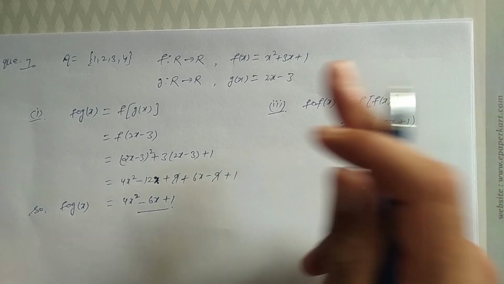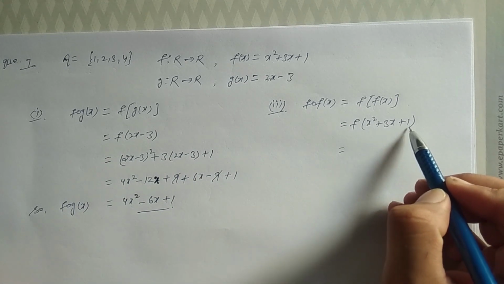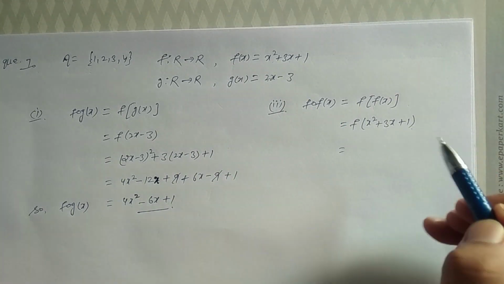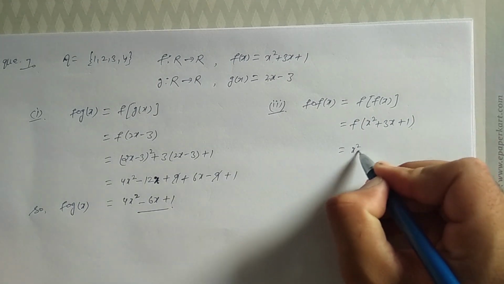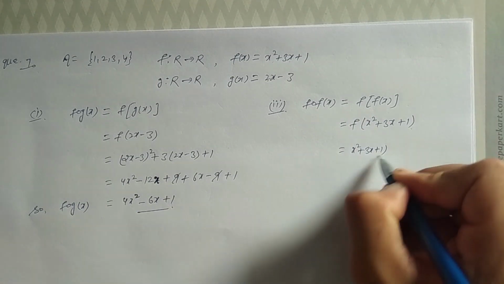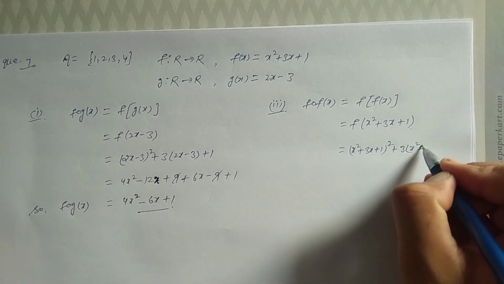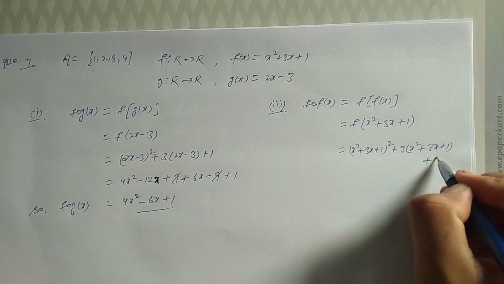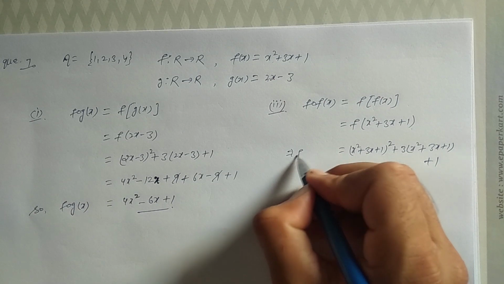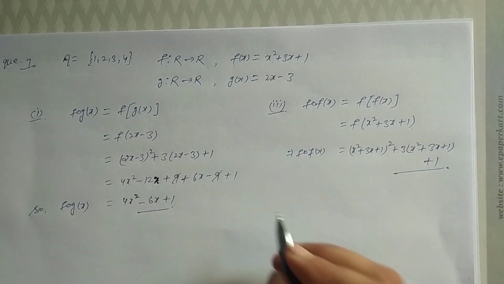Again putting the value of f(x), it means x is replaced by x square plus 3x plus 1: (x square plus 3x plus 1) whole square plus 3 into (x square plus 3x plus 1) plus 1, which implies fof(x). That is the answer.